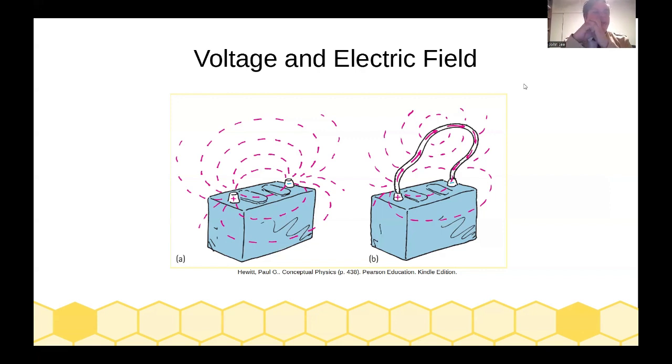What is actually happening to cause there to be a current is the propagation of the electric field and the motion of the electrons causing there to be motion of other electrons, which pushes a current through.